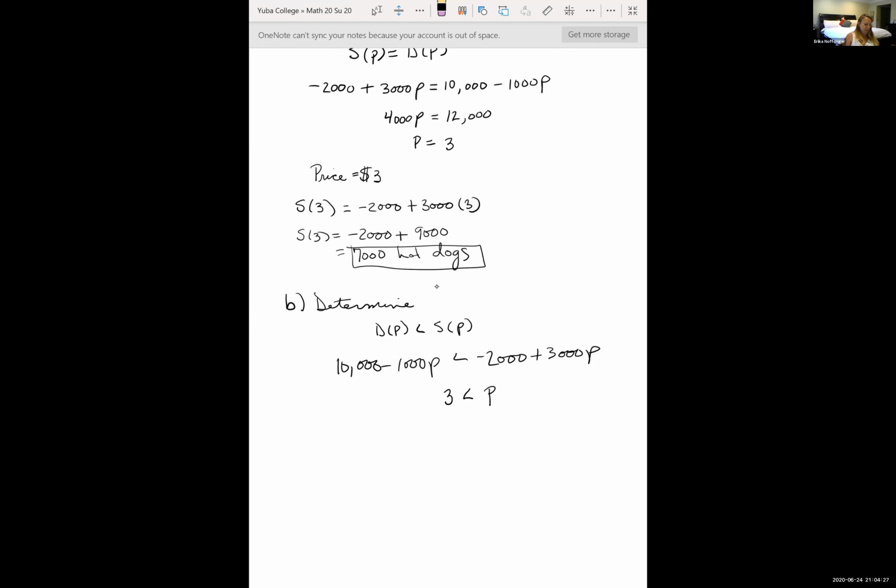So determine the price for which the quantity demanded is less than what is supplied. This is when the price is above $3.